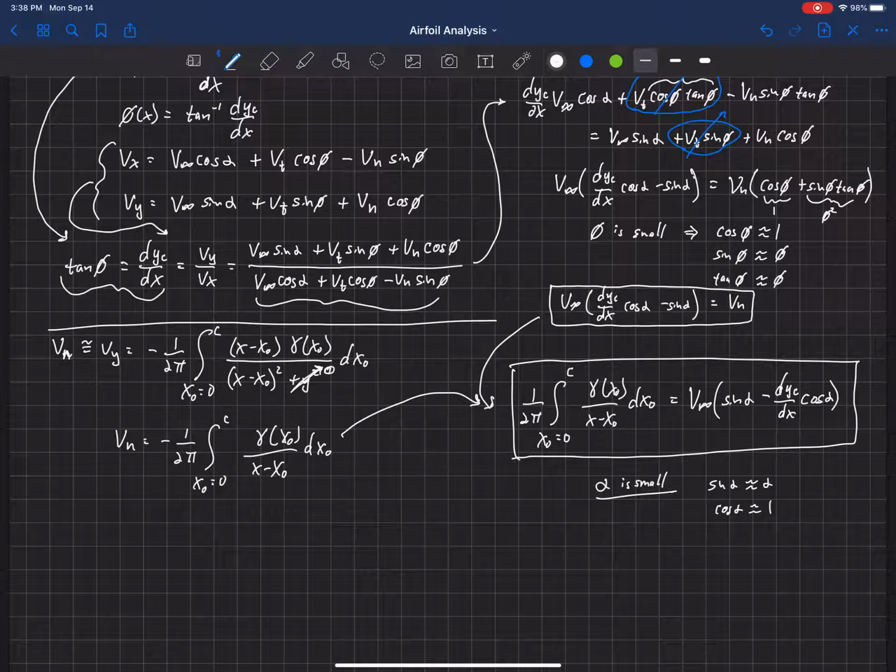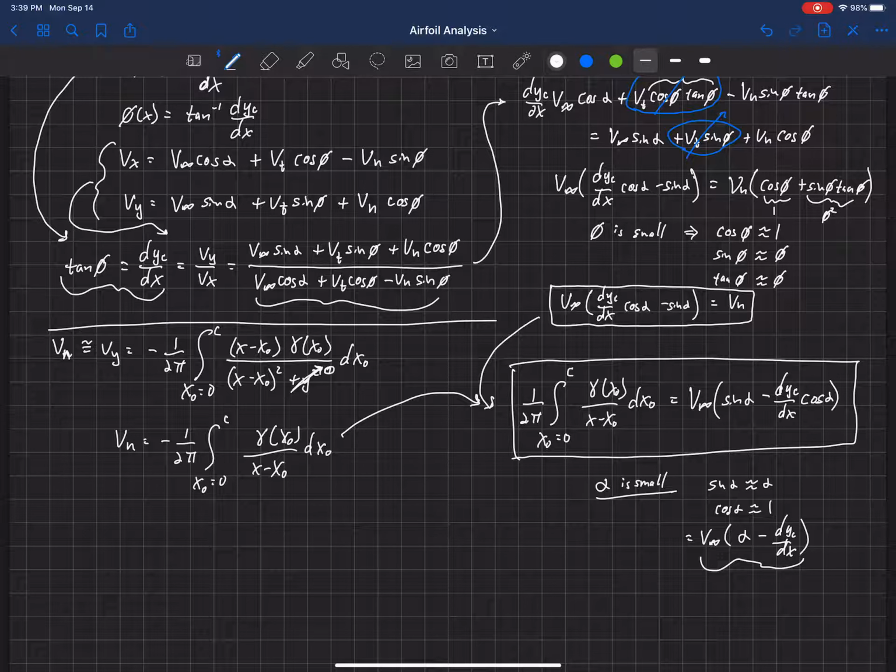And so the right-hand side of this equation becomes V infinity times alpha minus dyc/dx. Okay, so it's a little bit of a simplification, but it turns out you don't need to do that in order to get a solution for thin airfoil theory. But that is one common thing. In fact, I think you'll see it in basically every aerodynamics textbook that they'll make that approximation as part of thin airfoil theory. So that is the more general or commonly used solution of thin airfoil theory using this term on the right-hand side, but it's not necessary.